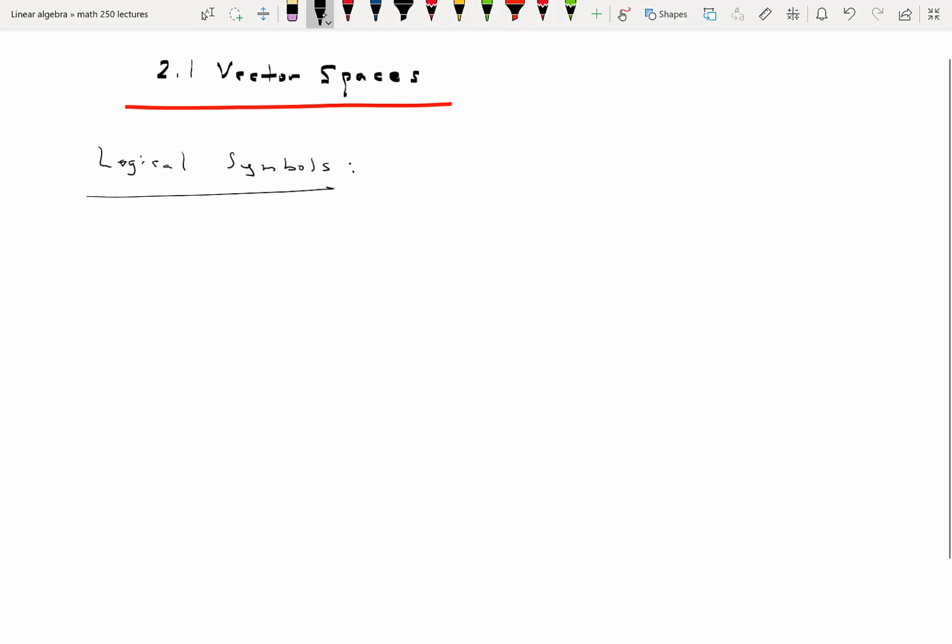The first logical symbol that we're going to look at looks like an upside down A. Okay. What it means is for every, or for all, for each, or for every.